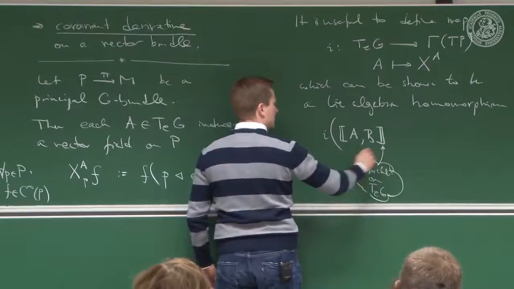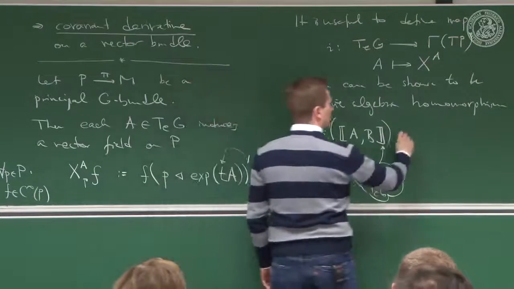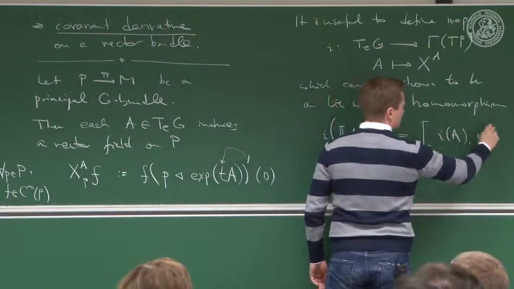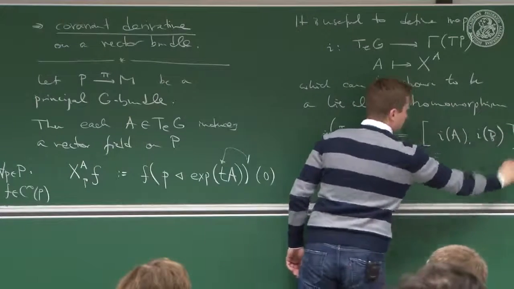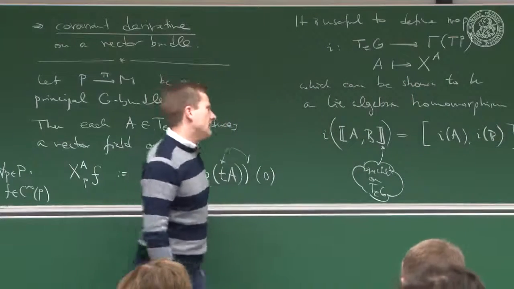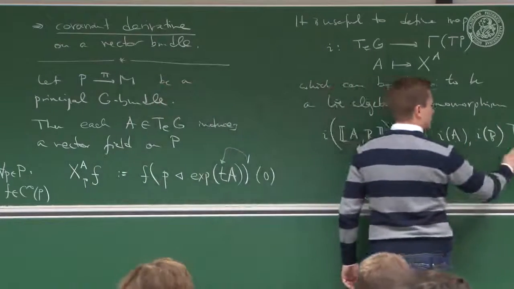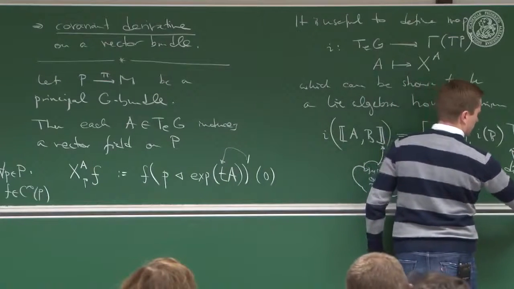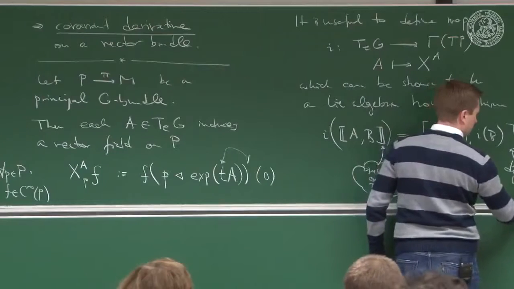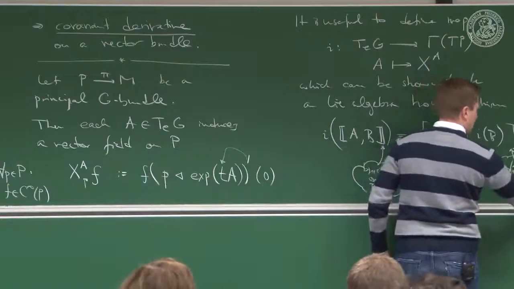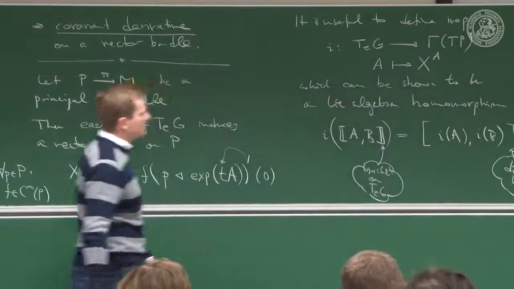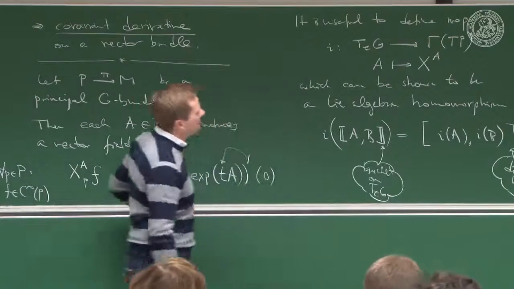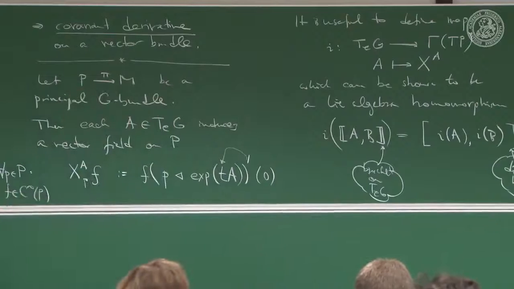I can take the result and map it by I, and I find that I could have mapped the individual Lie algebra elements by I, and then taken the differential geometric Lie bracket of the resulting vector fields. And this, of course, constitutes a Lie algebra homomorphism, and we're going to use this.